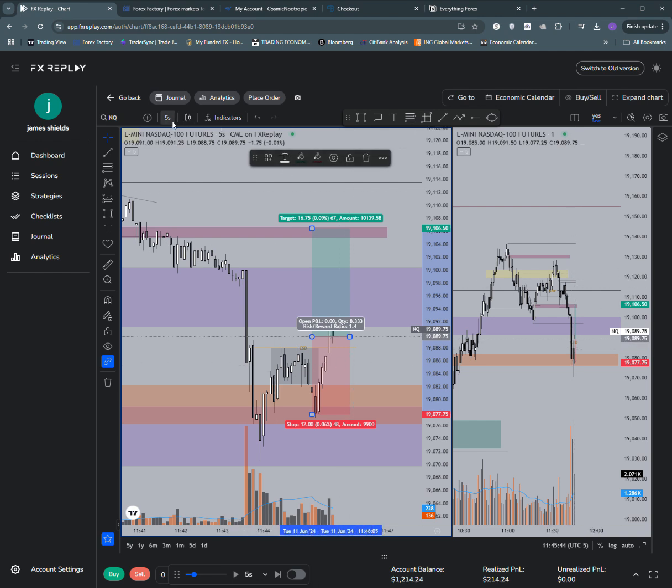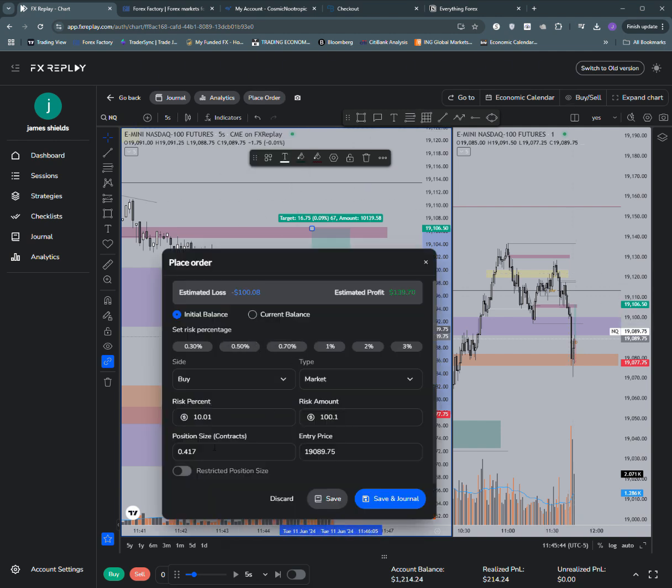So we've been risking 10% of the account. We're just going to risk, this was actually a day, then I would do place order. Come on. We risk 5. Should we do 5%? We're 400 bucks in profit.